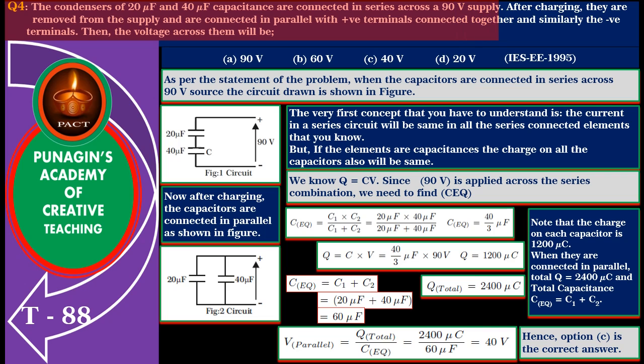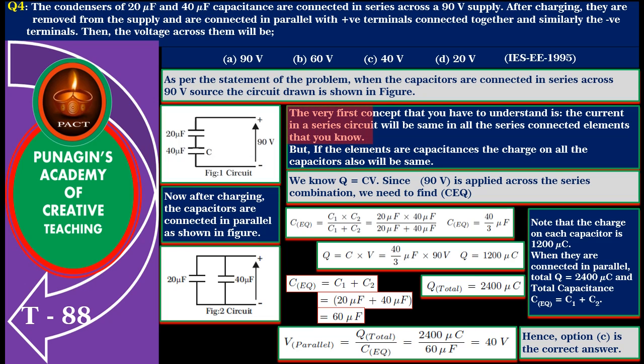Friends, next we shall solve question 4. It is given that two capacitors are connected in series across 90 volts and after charging fully, they are connected in parallel and we are required to find the voltage across them. As per the statement of the problem, when capacitors are connected in series across the 90 volt source, the circuit drawn is shown in figure.